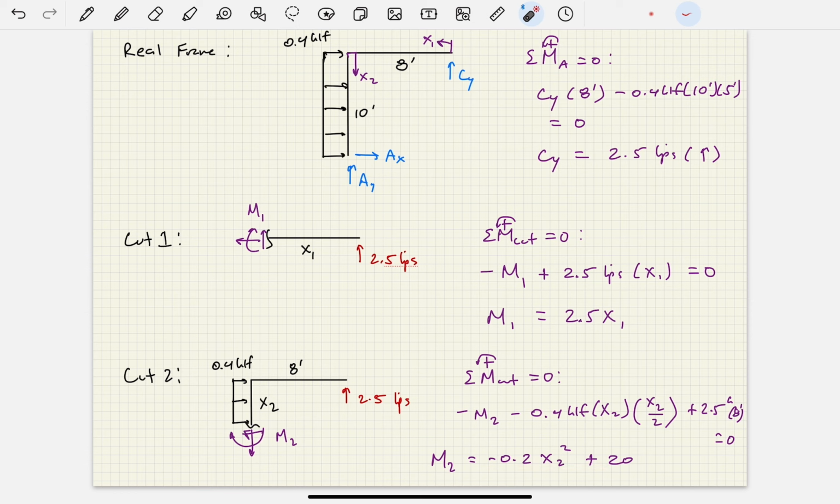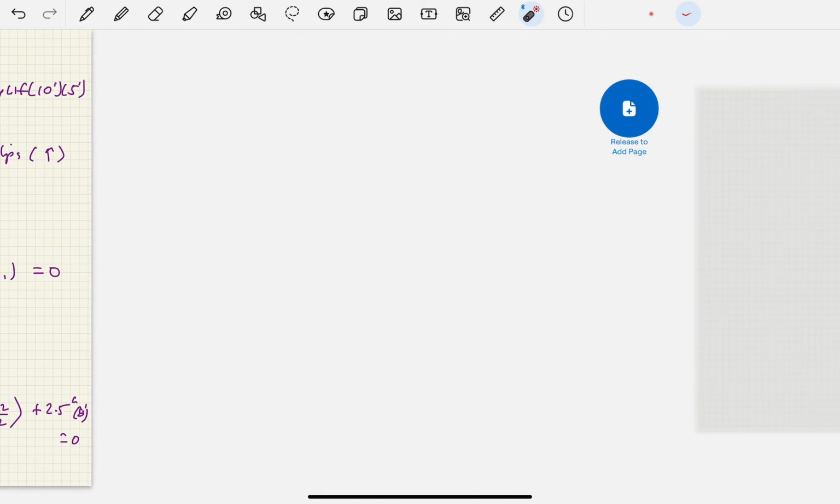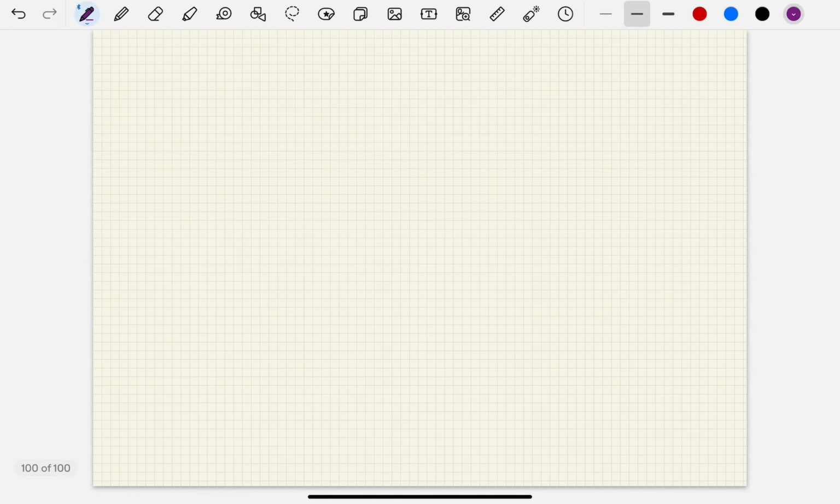So what do I do now? Well, now I apply my virtual work formula. What does the virtual work formula tell us to do? It says we take 1 kip, which is that virtual load, and multiply by delta C horizontal.